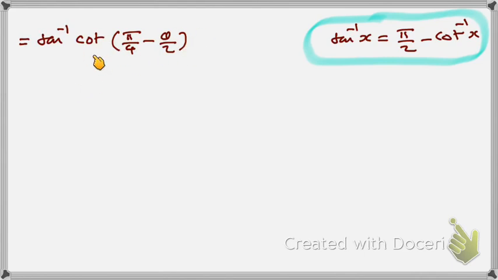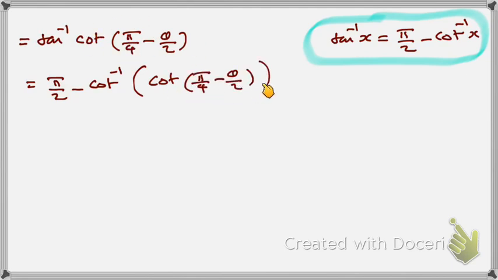So tan inverse of this whole thing is my x. Tan inverse of x will be pi by 2 minus cot inverse of x. So pi by 2 minus cot inverse of the whole thing, cot of pi by 4 minus theta by 2. Now you can see cot inverse and cot will get cancelled.